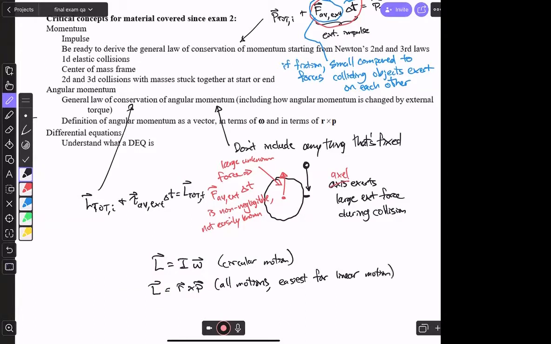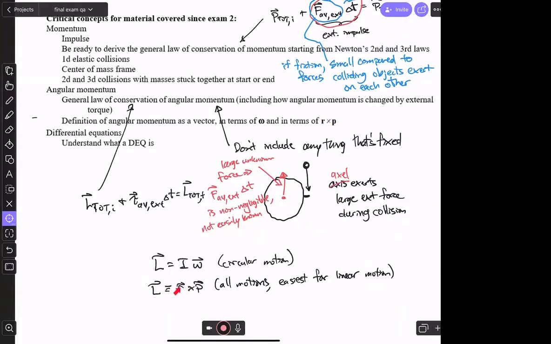So L equals r cross p is the fundamental definition. I could add a third little equal sign there. That's really the definition of angular momentum. That will always work, but it's easiest to use that version when things are moving in straight lines, and to use this version when things are moving in circles.